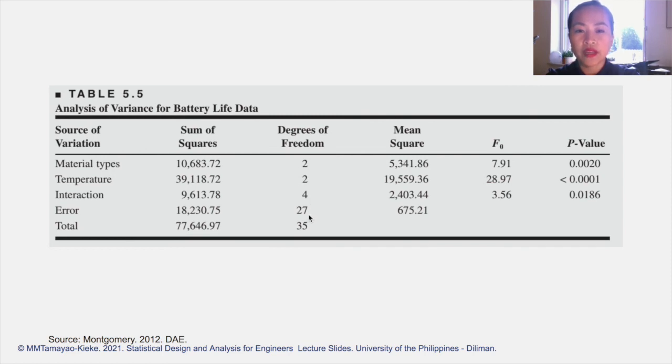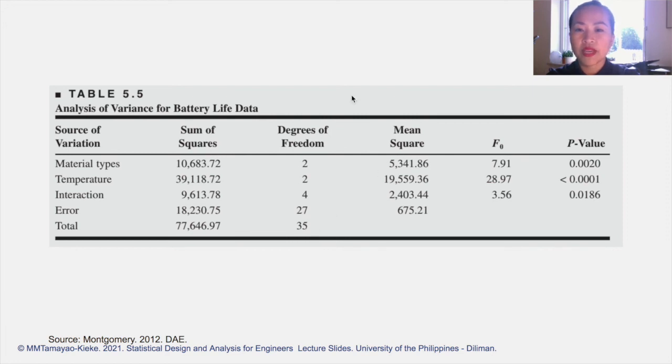For error, the degree of freedom is AB times N minus 1. So that would be 3 times 3, 9 times 3. That is 27. And for the total, that is ABN minus 1. So that's 3 times 3, 9 times 4, 36 minus 1, we have 35.